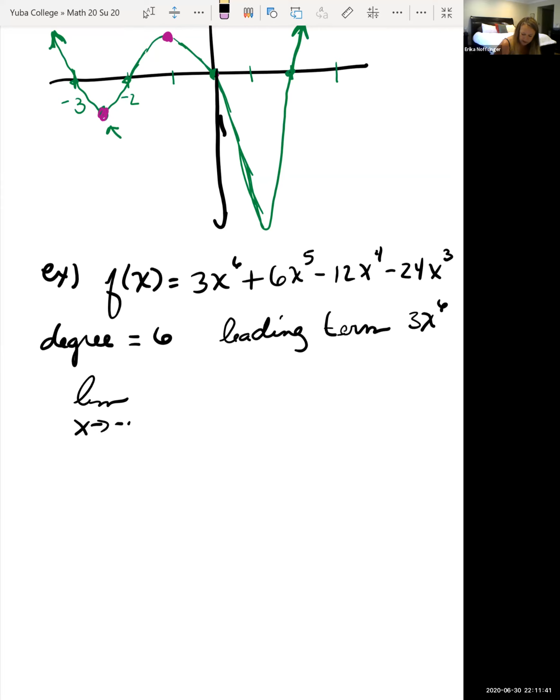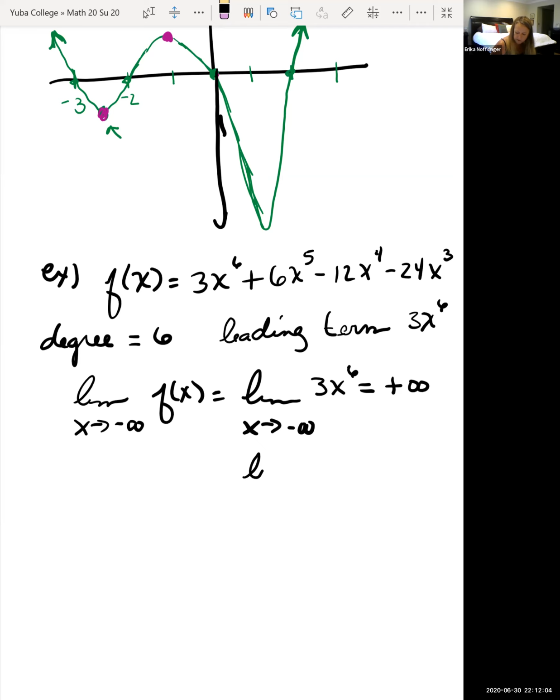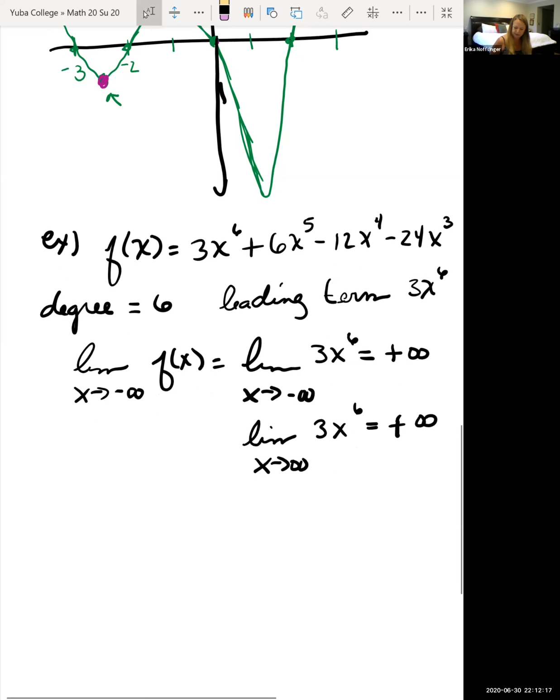So as a limit, as x goes to negative infinity of f of x, that's the same as the limit as our leading term, 3x to the 6. Well, negative number raised to an even power is positive times a positive coefficient out front is positive, so this has to be going to positive infinity. And so, because it's even, they both have to go the same direction or just do it with reasoning and get positive infinity.